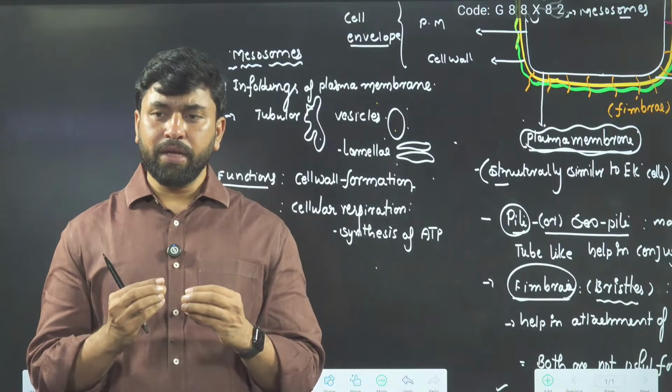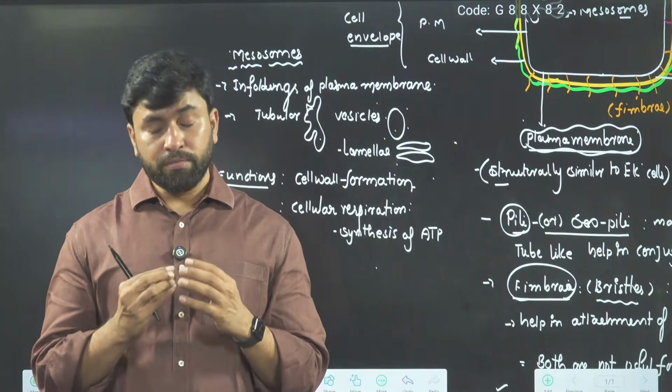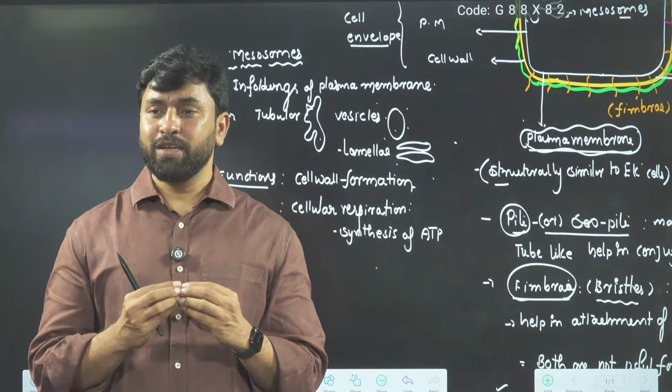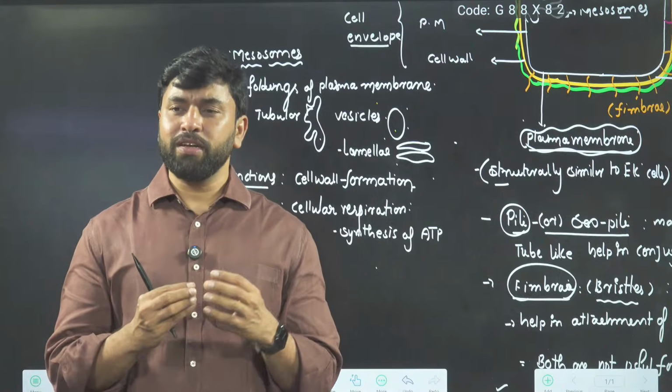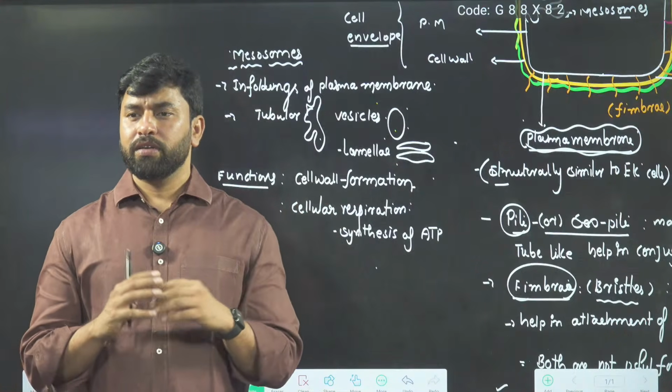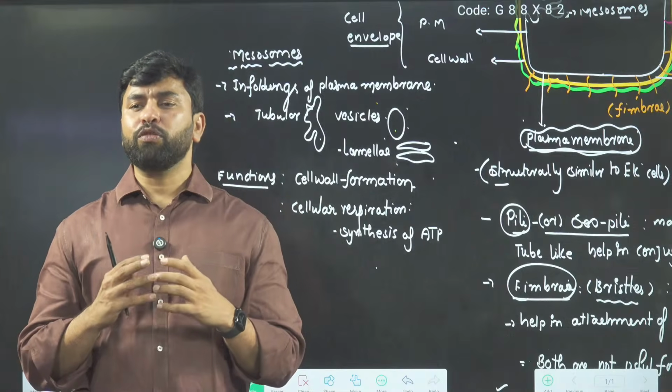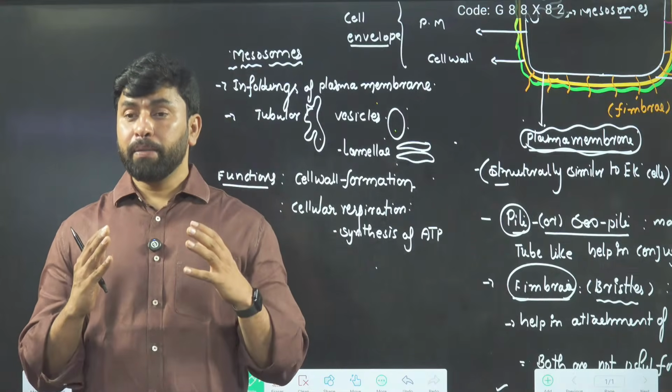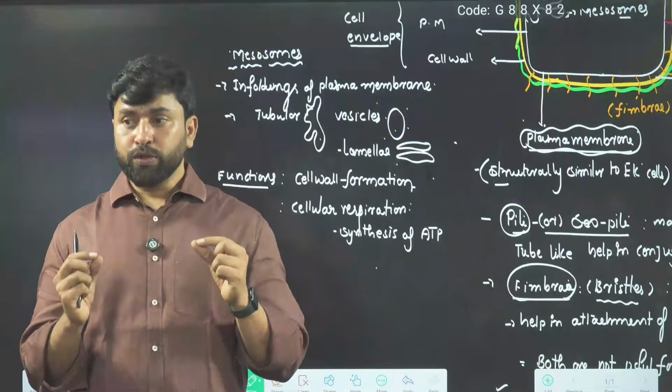Is that electron transport chain possible in a prokaryotic cell because they don't have mitochondria? Of course possible. That would happen on the membrane of mesosomes.